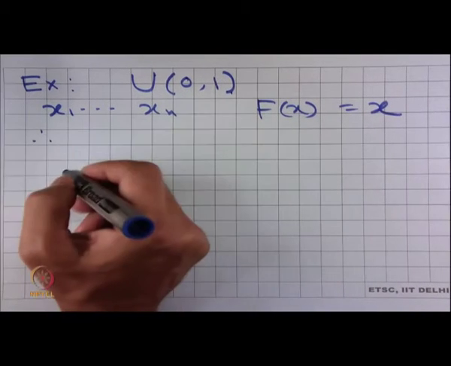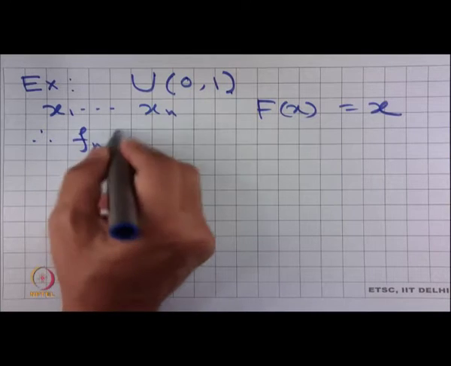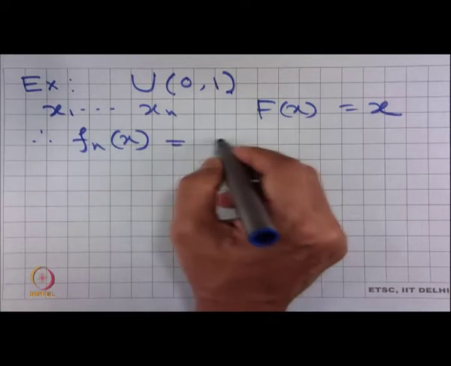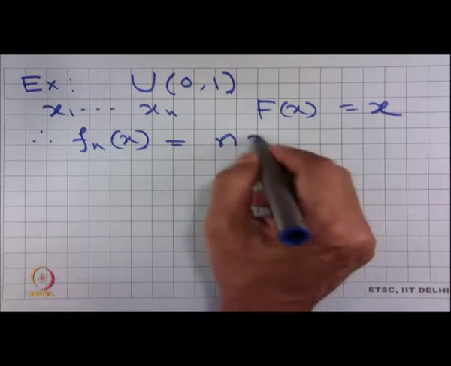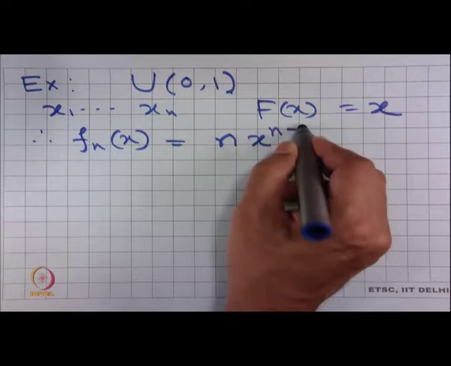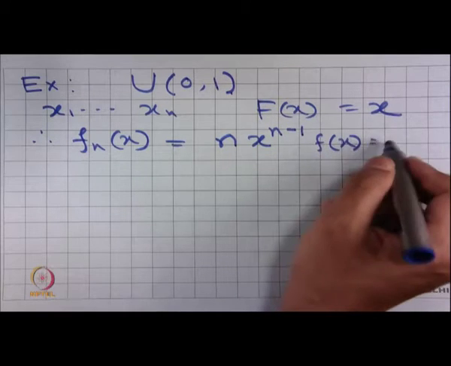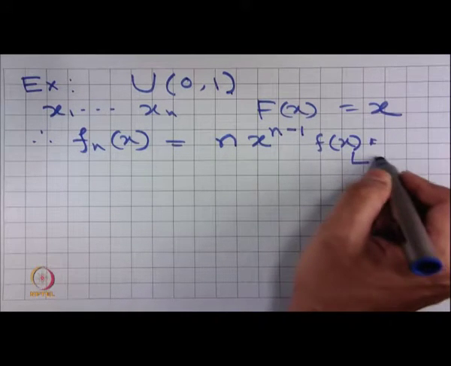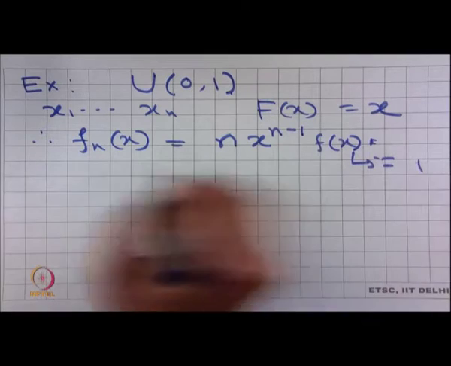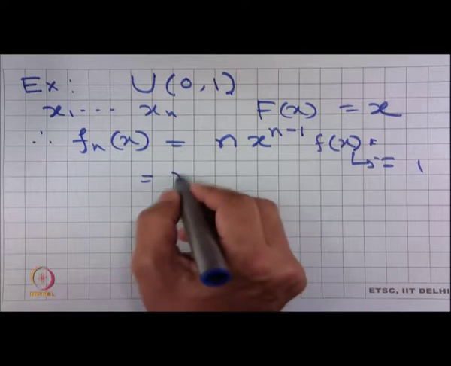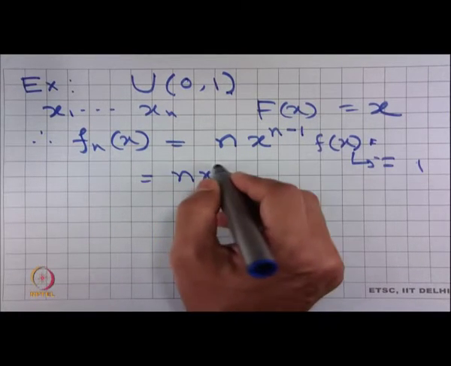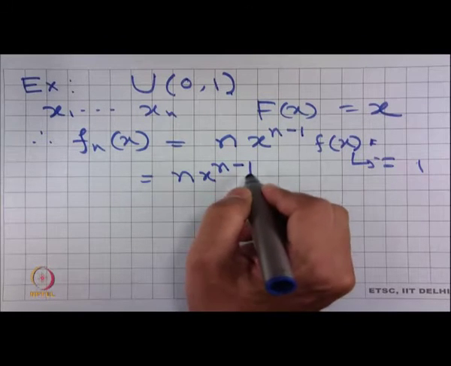Therefore, f n x is equal to n times x to the power n minus 1 into f x, which is 1, so it is equal to n into x to the power n minus 1.